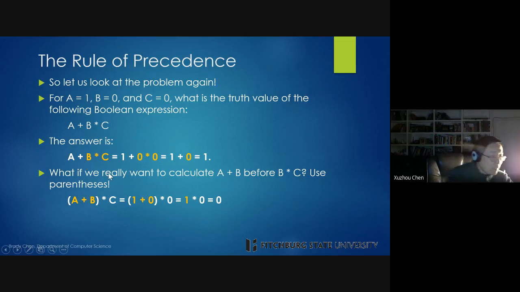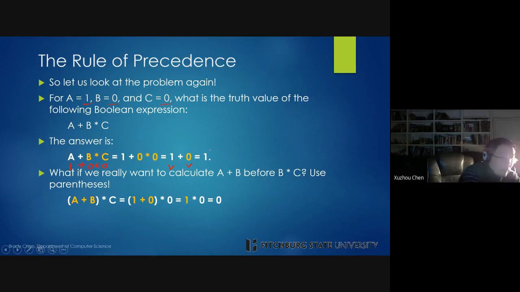So if A is 1, B is 0, C is 0, then you got B is 0, C is 0, 0 and 0, that's 0, right? That's 0. So A is 1. So 0 and 0, that's 0. And then 1 plus 0, that's 1. Okay.